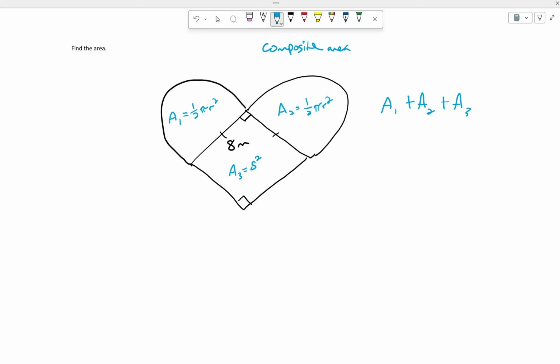So then the radius up above here, for this guy, well, if this is 8, this is my semicircle, so then r is going to be equal to 4, since this is my diameter of 8. So I'm going to have 1/2 of pi times 4 squared plus 1/2 of pi times 4 squared plus 8 squared.